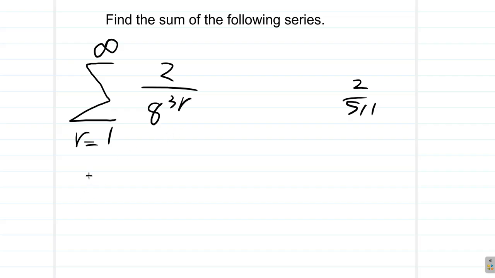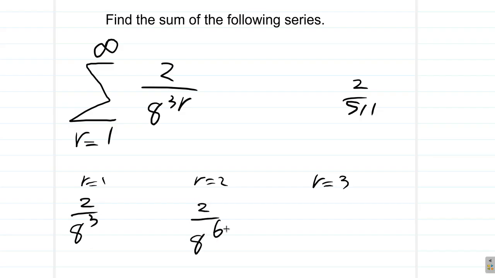But let's see something here. What happens when r equals 1, r equals 2, r equals 3? When r is 1, you have 2 divided by 8 to the power of 3. When r is 2, you have 2 divided by 8 to the power of 6. When r is 3, you have 2 divided by 8 to the power of 9, which would be some big numbers.